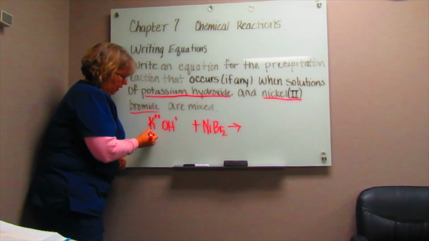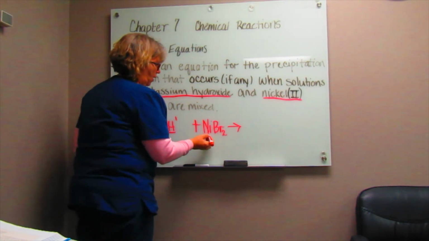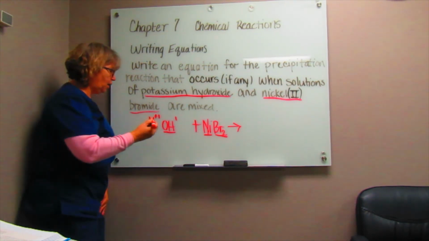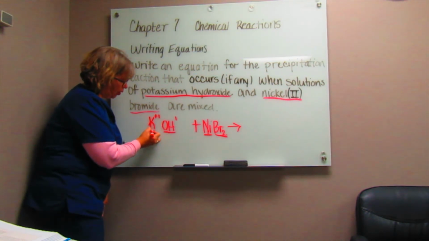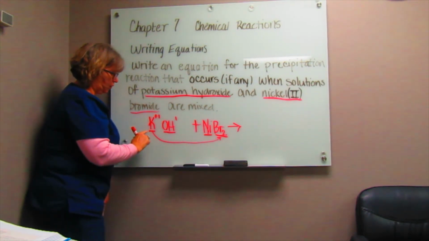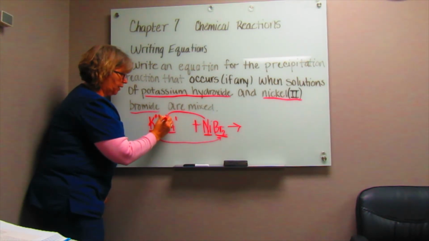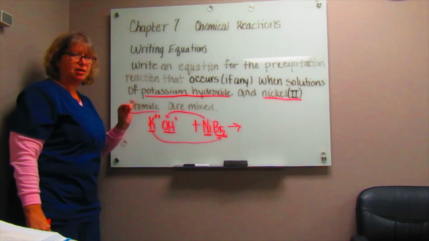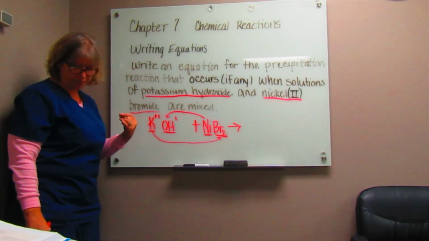So our first element here is our cation, and this is our anion. Cation, anion, okay? So with a precipitation reaction, our first cation is going to swap partners. This is going to become potassium bromide and nickel hydroxide, right? But we need to determine if either of these substances are insoluble, so we'll know how to complete our chemical equation, right?